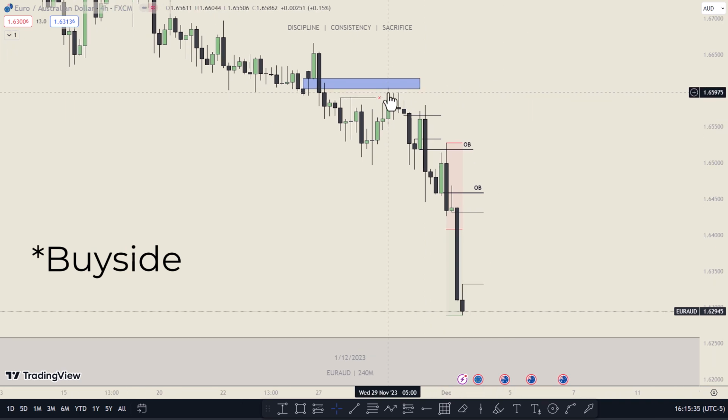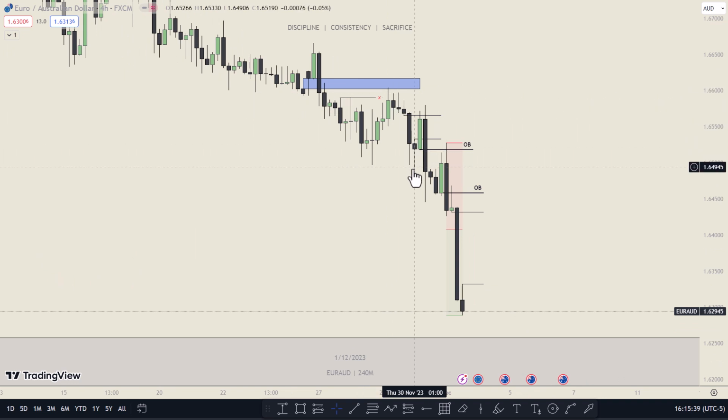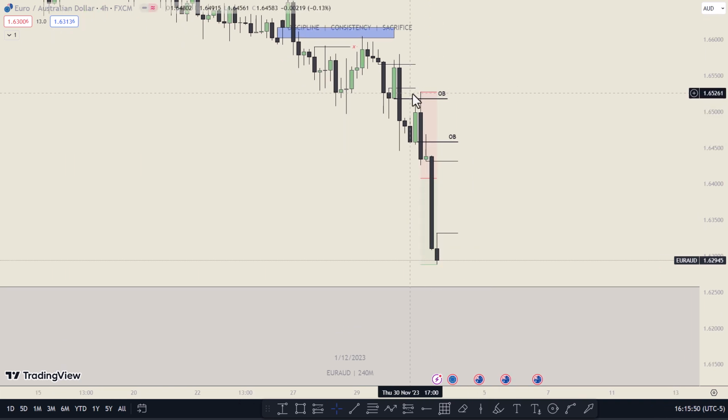All right, so then after that we have an expansion lower, breaking structure, returning to a fair value gap, expansion lower, returning to a fair value gap and this order block, another expansion lower, returning to this order block, and this is the dealing range that we have on the 4 hour, from this high right here to this high to this low.